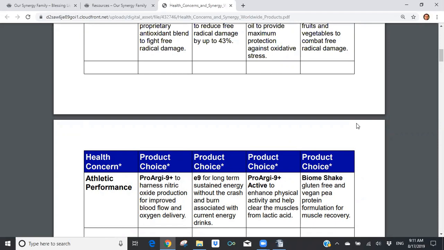I'm a firm believer that nitric oxide therapy is critical for anything that has to do with blood flow. And athletic performance is all about blood flow. It's all about the delivery of oxygen and nutrients. Because if I can help an athlete work at a higher aerobic capacity, then I'm going to help him or her produce more energy.